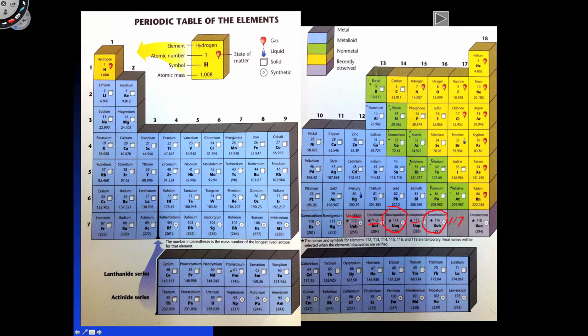These will eventually be named as well, but until they officially get named, they have these temporary names. And actually, the word is Latin for that number. So if you want to say 113 in Latin, you say ununtrium. You want to say 115, you say ununpentium. You can kind of figure that out from the sound.